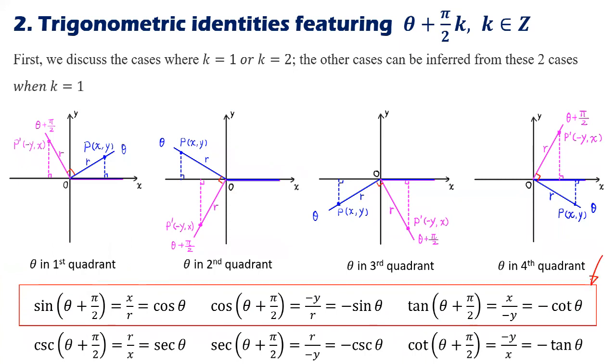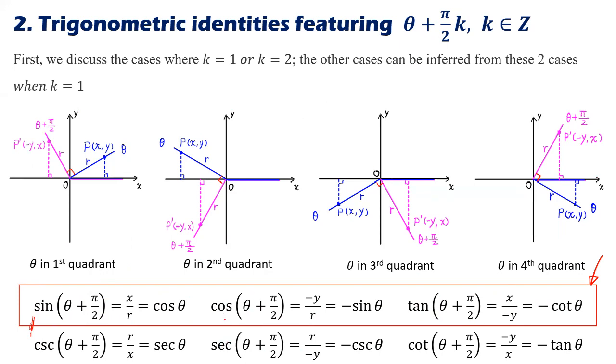Okay, so for your convenience, it's better for you to remember these three trigonometric ratios first, and then the other three can be easily deduced from the reciprocal identities, right? So for example, cosecant is just the reciprocal of sine, so these two have similar behavior.